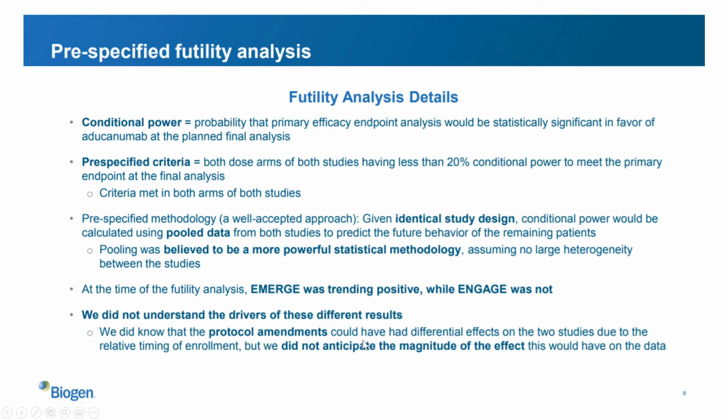They knew it could have a differential effect on the two studies, but they did not anticipate the magnitude of the effect. So that's the general rationale for why the futility analysis could be wrong. It was based on pooled data, which assumed identical study design, but this protocol amendment made the study designs not identical. They said there was a larger than anticipated effect. They don't actually give us any data on that. Maybe they will later, but we'll just have to take them at their word now.